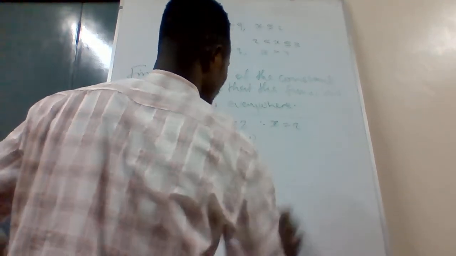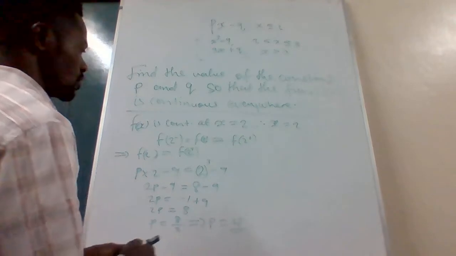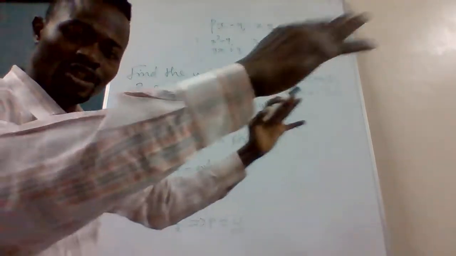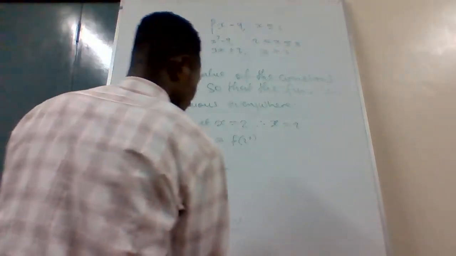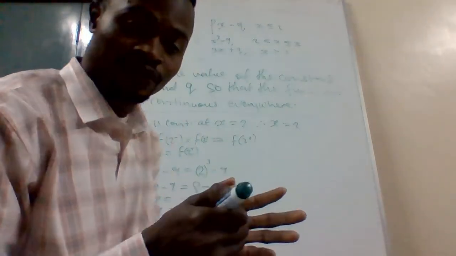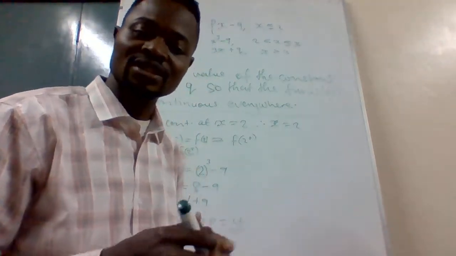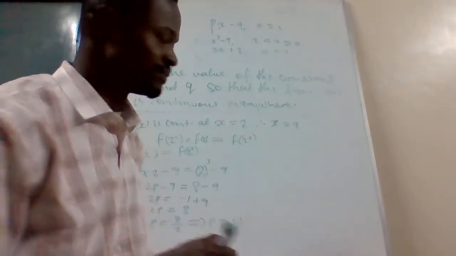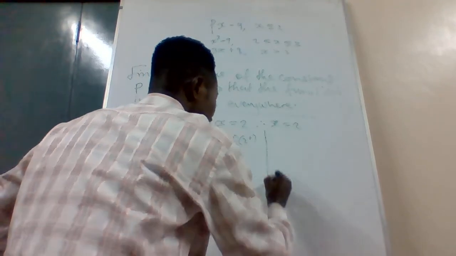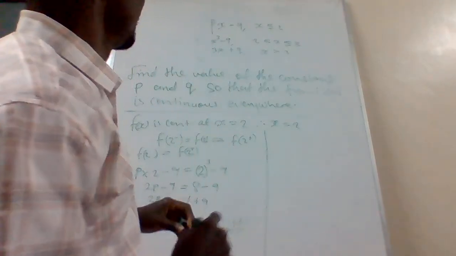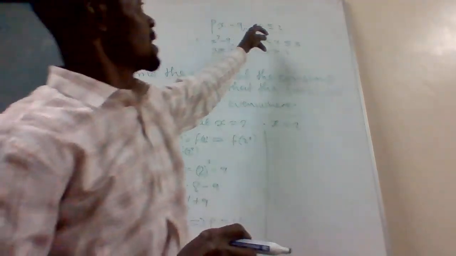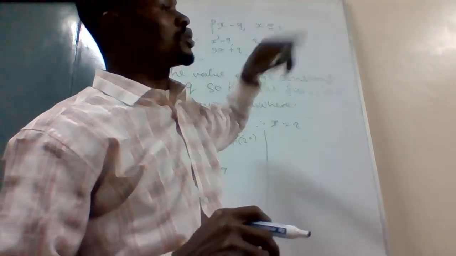The value of q, to show that this function is continuous everywhere. All we are trying to prove is that the function is continuous everywhere, and I hope you will enjoy it. So now, remember, we said that f of x is continuous at x equals to 2 because x was less than or equal to 2.